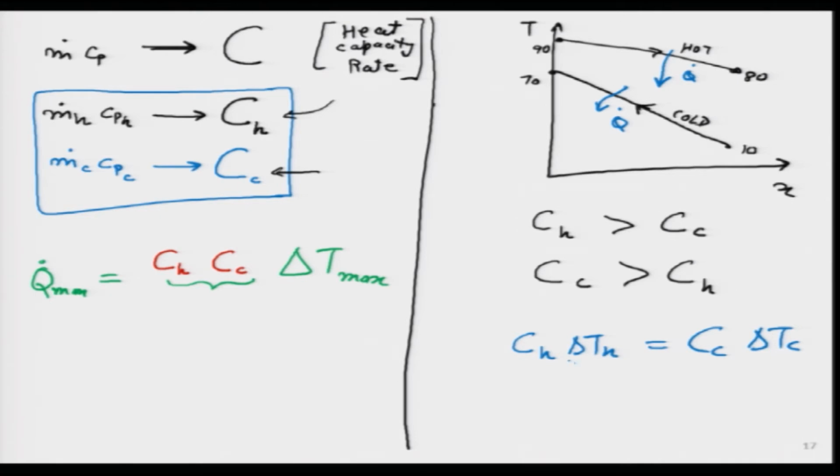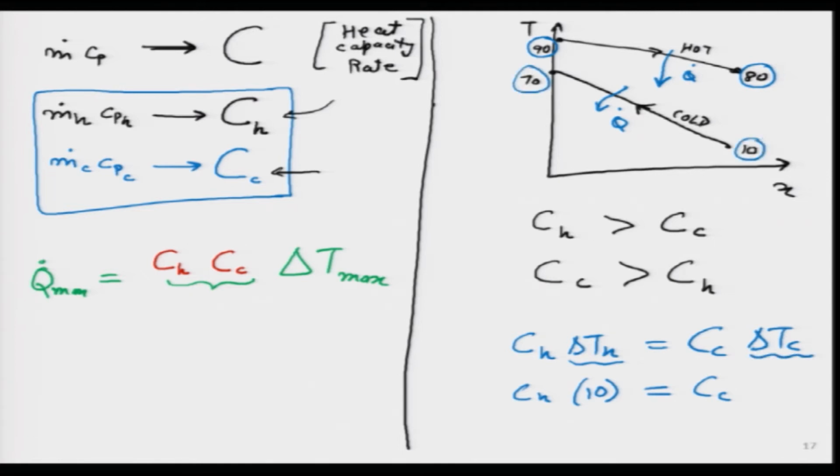What is the value of delta TH? It is simply the loss in temperature by the hot fluid. So, over here it turns out to be 10. What is delta TC? The gain in temperature for the cold fluid.